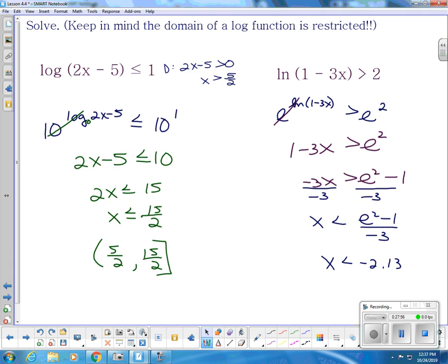We got to figure out our domain still. We didn't do that at the beginning. So our domain is 1 minus 3x has to be greater than or equal to 0. So negative 3x is greater than or equal to -1. X is less than 1/3.